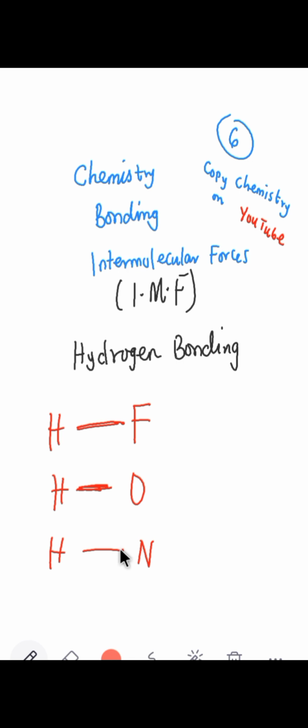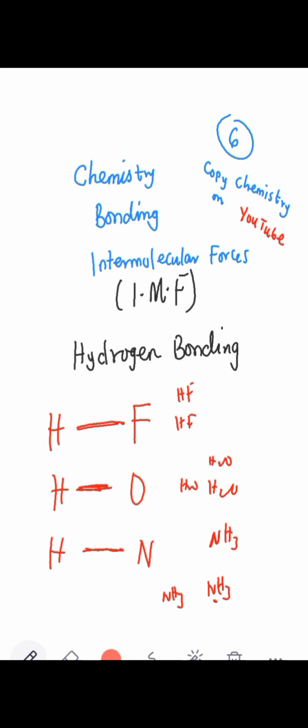You could also have hydrogen bonding present in ammonia molecules. That's because there is an NH bond here, right? There's also an NH bond here. So you could have that interaction. In water molecules as well, different water molecules, you could have hydrogen bonding present. In hydrogen fluoride molecules as well, you could also have hydrogen bonding present there.